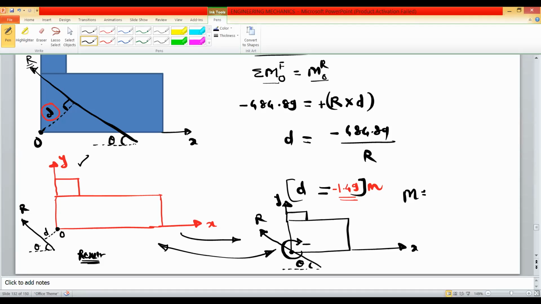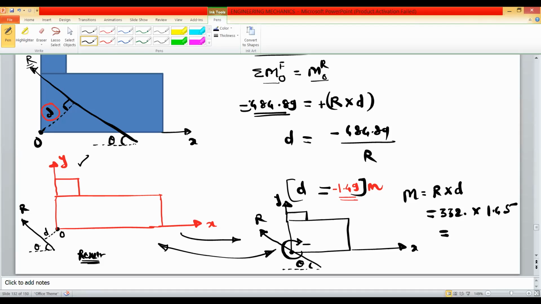M is equal to R into distance D. So R is equal to 332 into distance D, which is 1.45. So this value will be the same. It is minus 484.89.